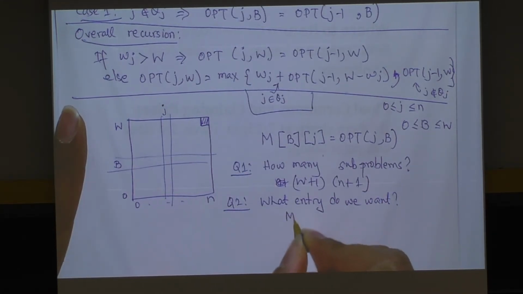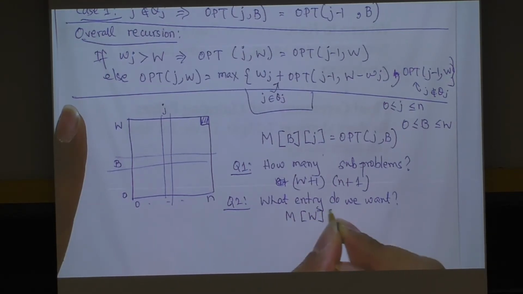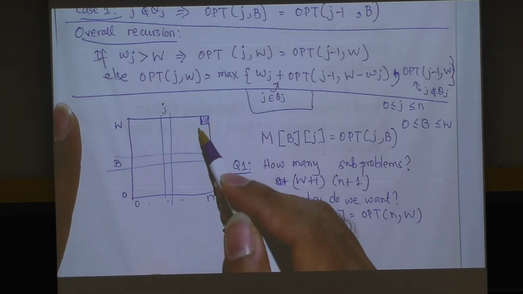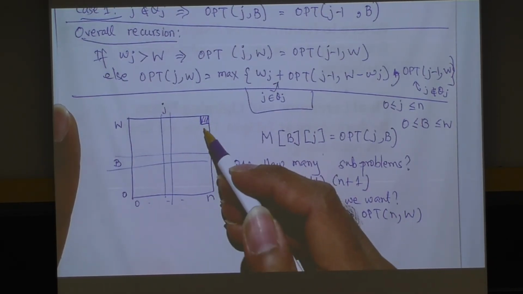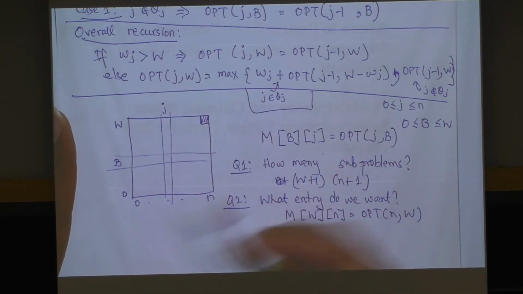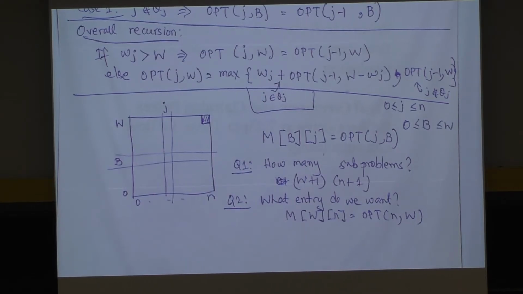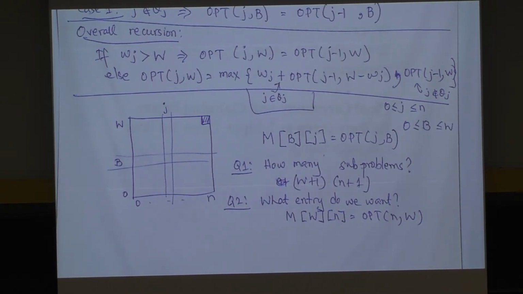And we want M of w comma n, which is the same as opt of n comma w. So this is the entry that we are interested in, but to figure this value out, we'll just compute this entire matrix. And of course, if we compute the entire matrix, we'll just read off that entry.